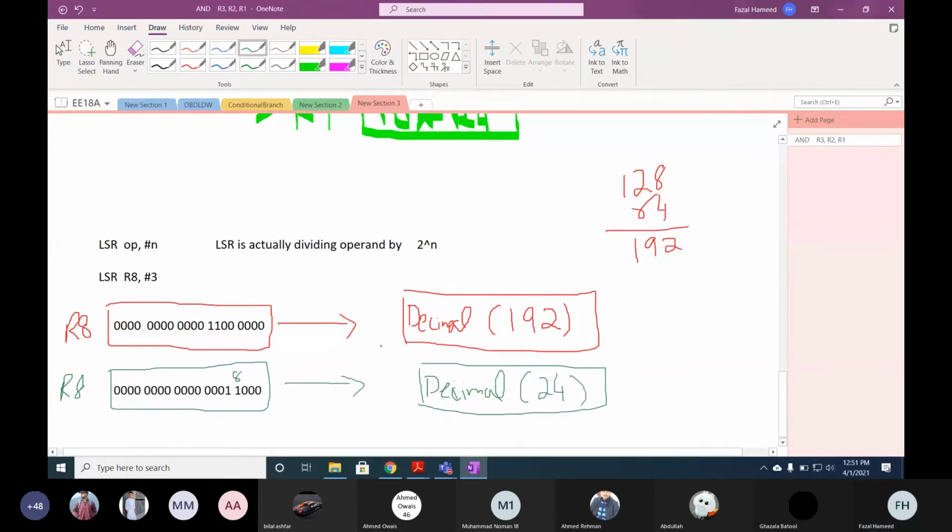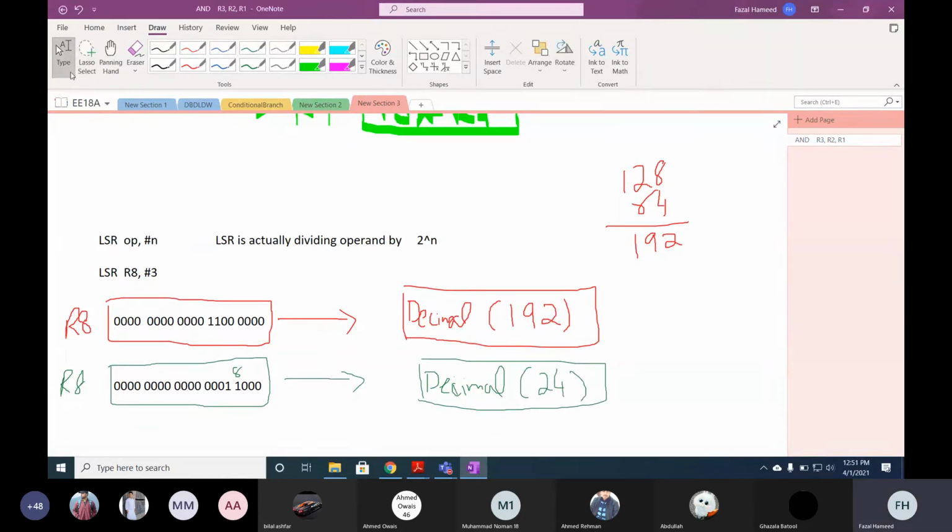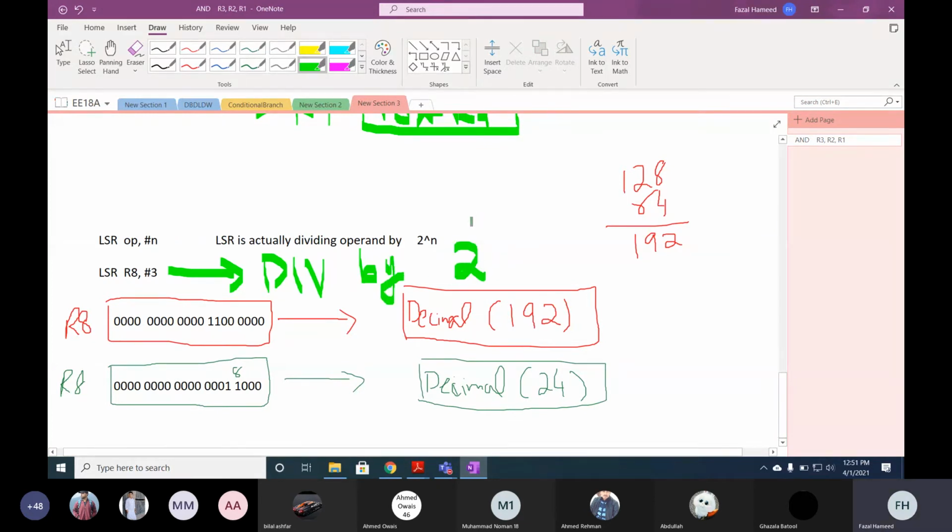So if you look at this, it is divided by what? 2 to the power 3, which is 8. If we divide 192 by 8, the result will be 24.